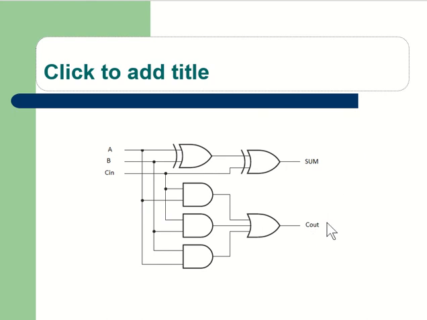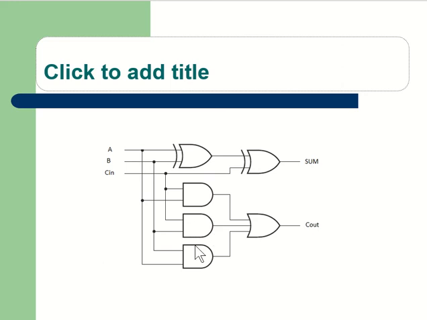Similarly, for the carry out or C out, the expression we got is AB plus BC in plus AC in. If we see the first AND gate, the inputs are A and C in, so A C in.